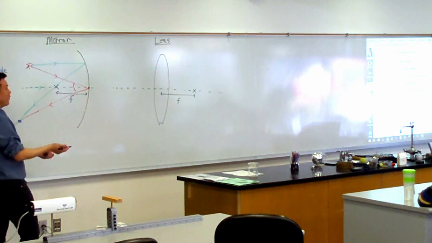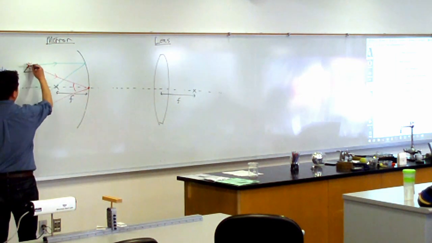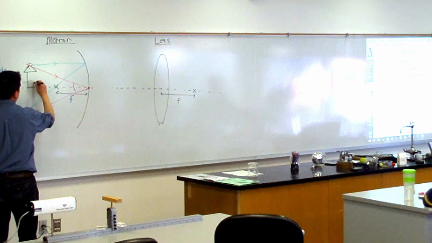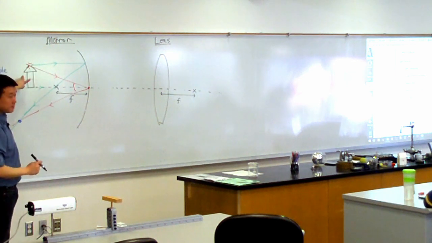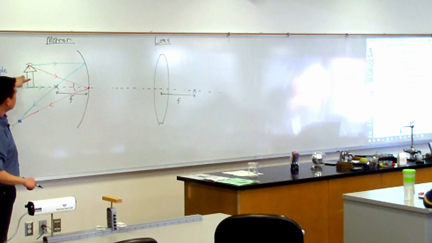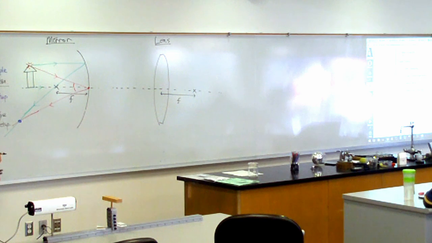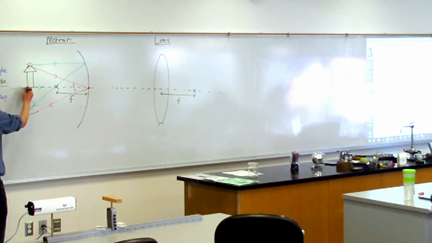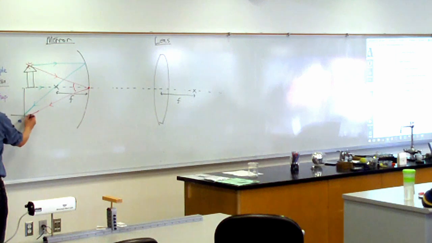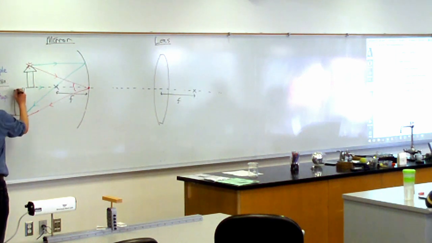Usually we use arrows to indicate an image, so if I have an arrow as an object, and I'm standing here looking in the mirror, then the image of this would appear here. As I look at the mirror, what you are seeing is this image here. That's what you would see.